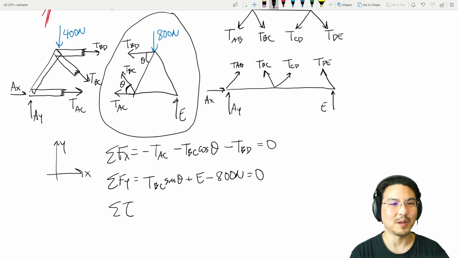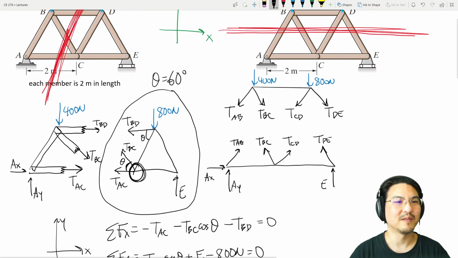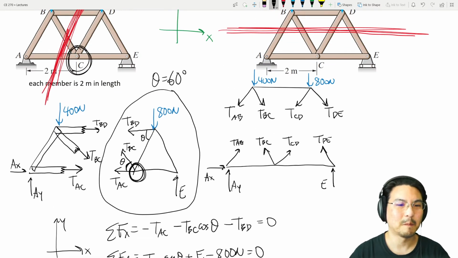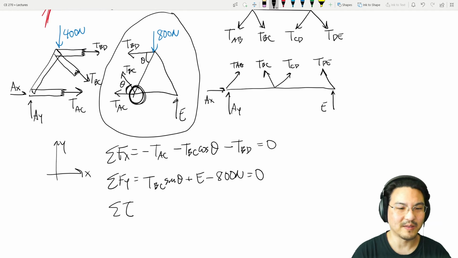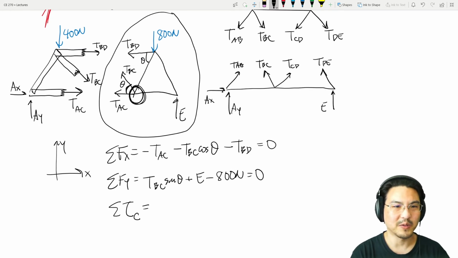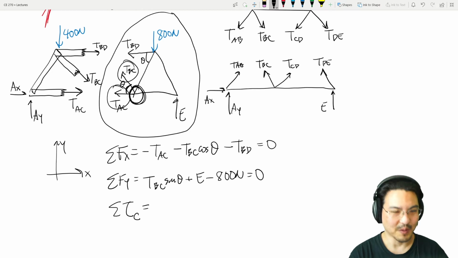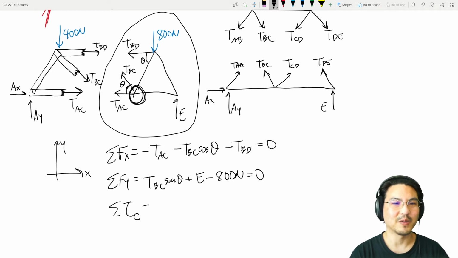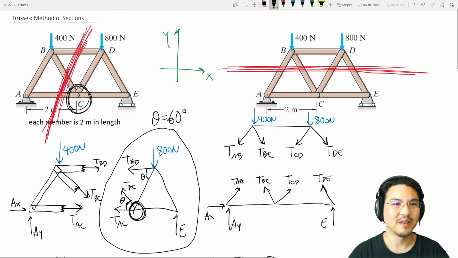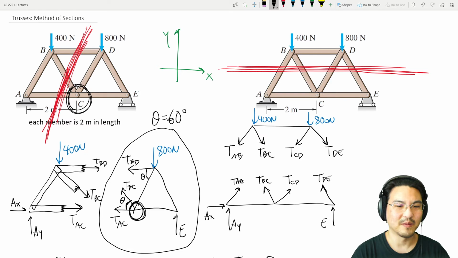So let's say I sum torque about here. So that's point C in the joint C. So if I sum torque about point C, there's no torque from this force or this force about that point. There is a torque from here, TBD, and the lever arm would be this vertical here to here.